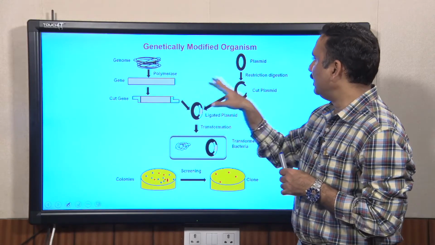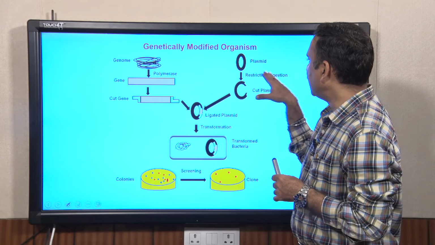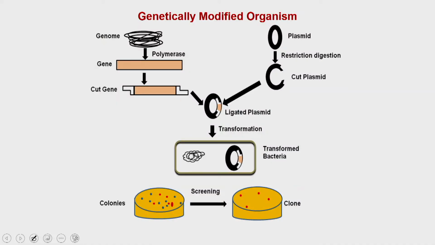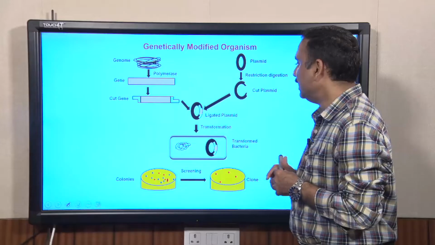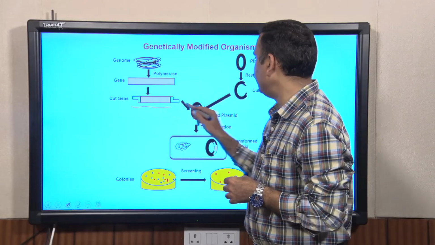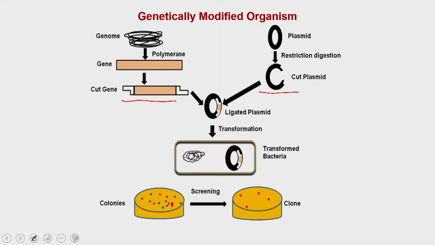Similarly, we have also discussed different types of plasmids, and then how you can do a restriction digestion, which will generate the cohesive ends. So, you are going to have the cohesive ends on the gene, and the cohesive ends on the plasmids, and then you are going to put these two components together for the ligation reaction.